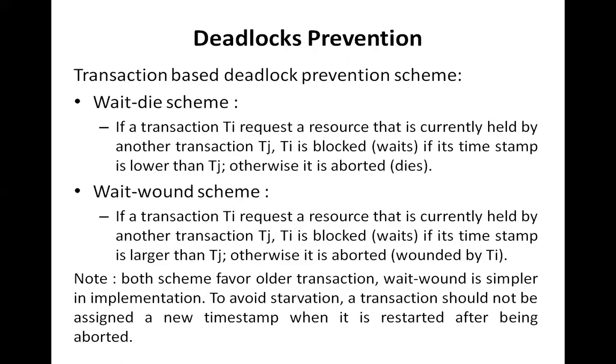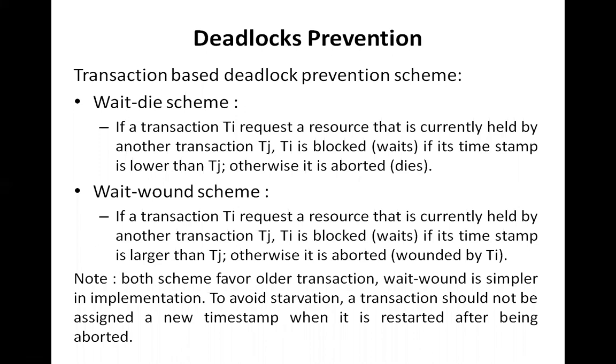So we have two proposals for the deadlock prevention scheme based on the idea I have just mentioned. The first scheme is the wait-die scheme, and the second scheme is the wait-wound scheme. So what is the wait-die scheme? Suppose we have two transactions, Ti and Tj.